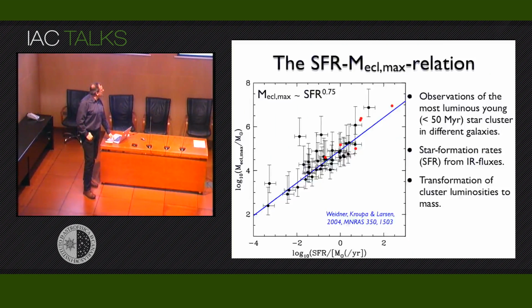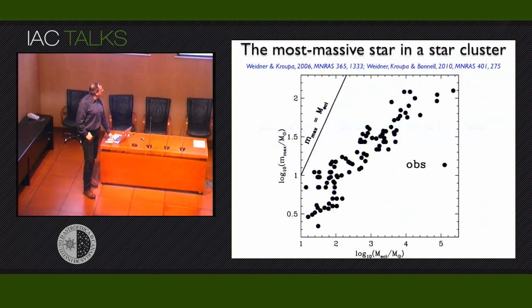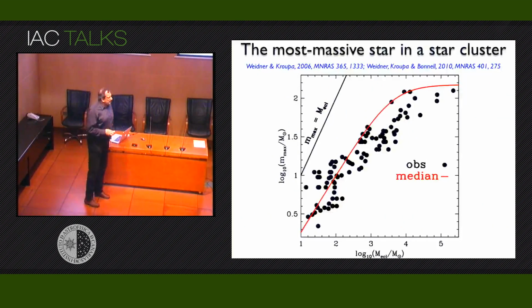When you show this plot of the maximum mass of a star in a given cluster as a function of the mass of the cluster, at the very beginning the curves flatten.